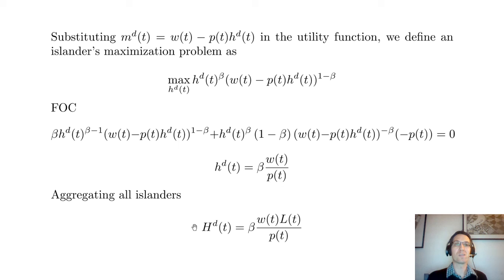So to know the demand for total harvest, all I do is take the demand for harvest by one islander and multiply it by the total population LT. So I get big HD equals LT times HD, or big HD equals beta W big L divided by P. All right.